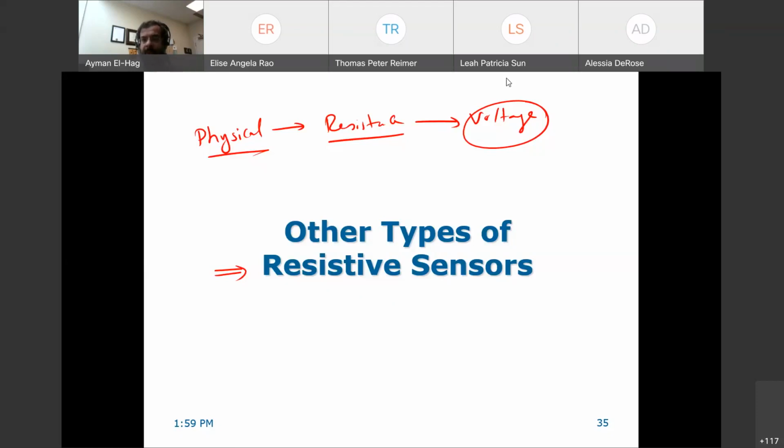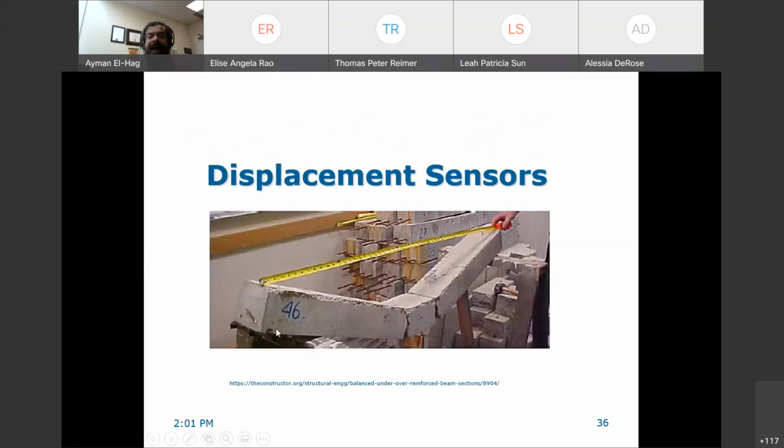Okay. There's a question here. Let me see. Does that say resistance? Resistive sensor. This is an adjective. Resistive sensor. Let's see other types. Let me just see the question exactly.